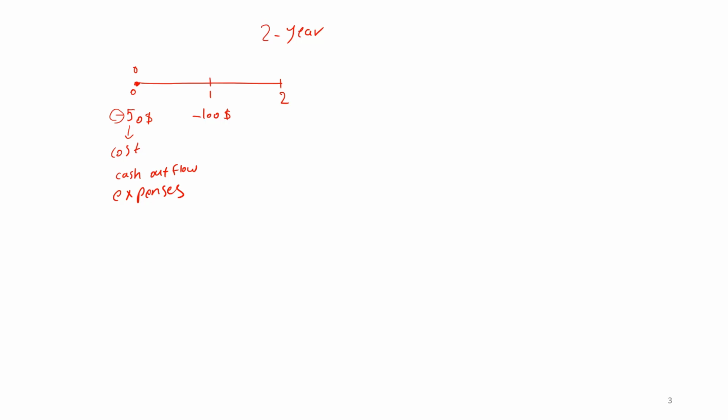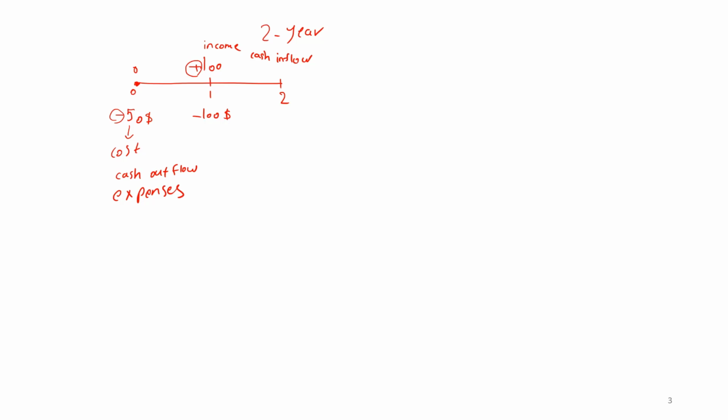So we have, for example, $100 benefit or income or cash inflow. You can see I put positive here. So positive is for income or cash inflow. Negatives are for cash outflow or expenses or costs.